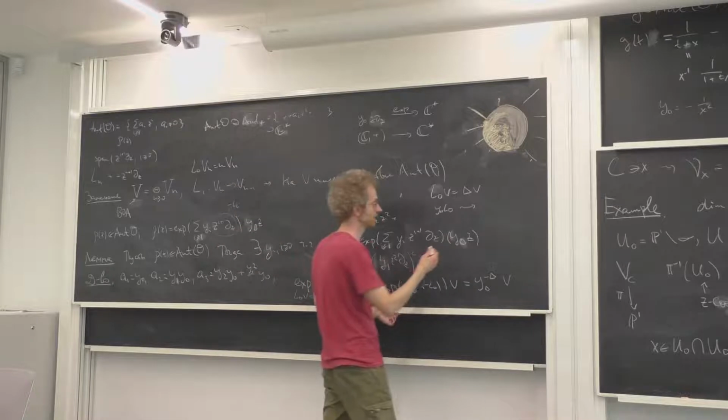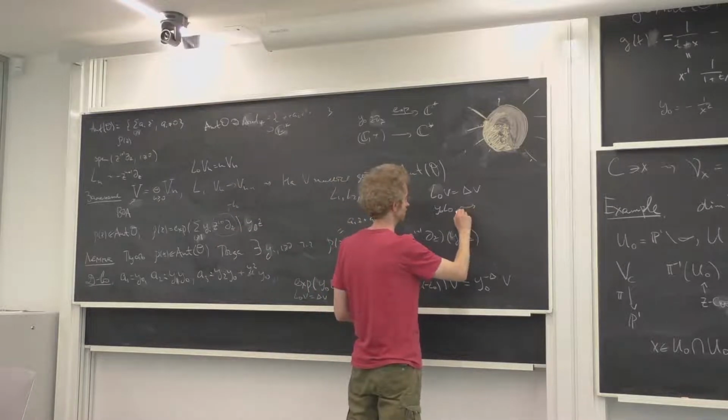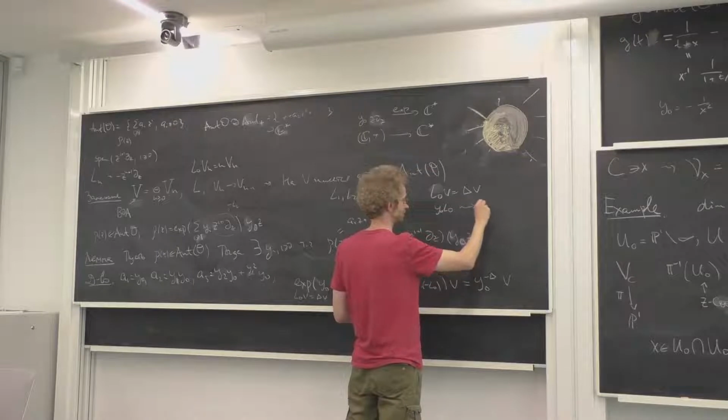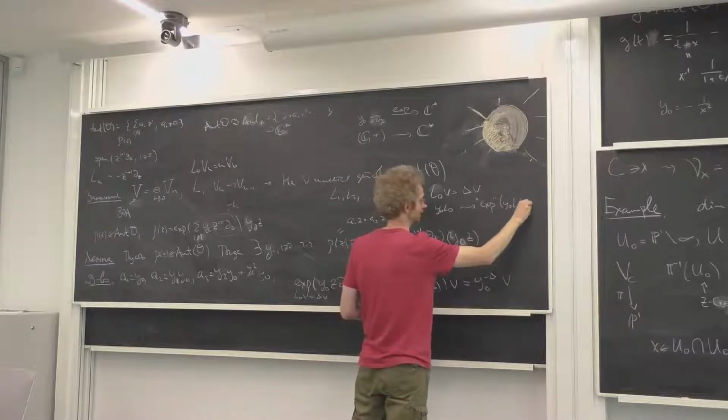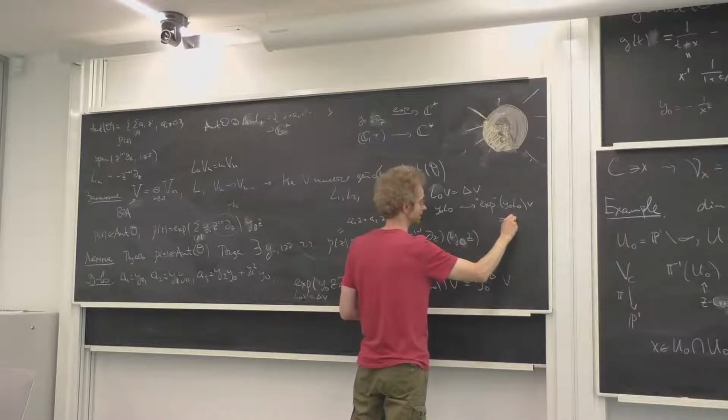And then the simplest way is to say that if you want to apply it to V, is y0 to delta.